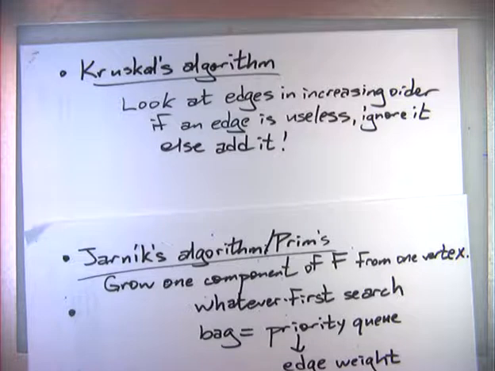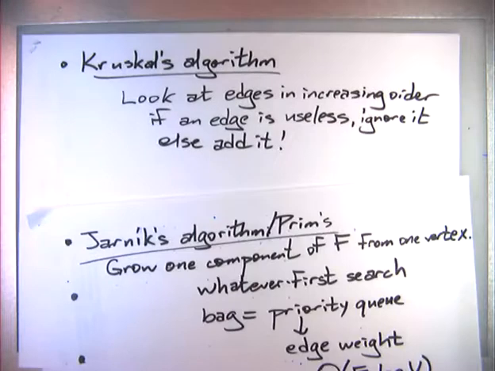If it has one endpoint in one component of F and another endpoint in a different component of F, it must be the lightest such edge, because if it weren't, I would have already added some other edge connecting those two components. So this lets me look at the edges in the right order so that whenever I look at an edge, I can tell immediately, in principle, either it's useless or it's safe. Now that's not true in general.